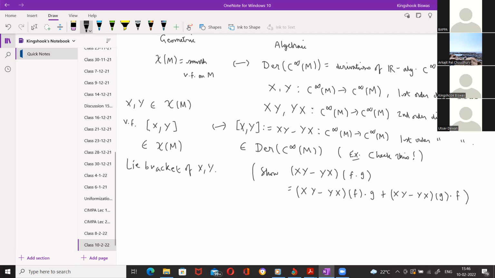So just check this. If R is a commutative ring, then you have an operation bracket from Der R cross Der R to Der R.